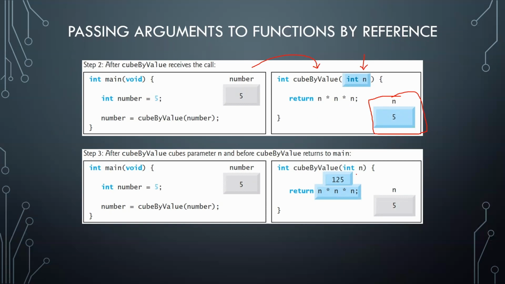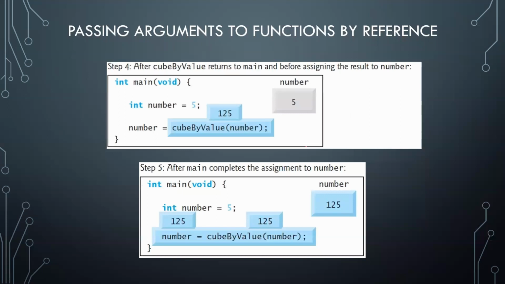It's going to do that calculation and it's going to be stored in n here. Okay? That number is then replaced by this function call, and the number is then set equal to 125. So the memory location for the original is then set to 125.